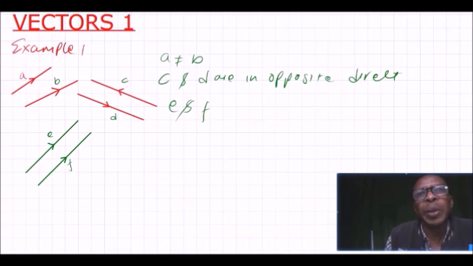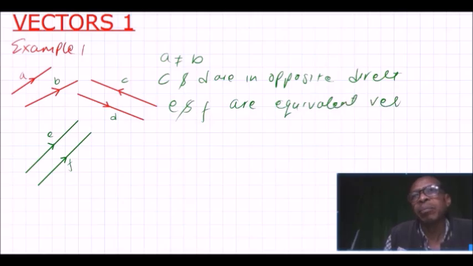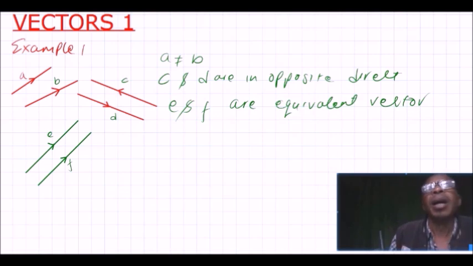So we can say E and F are equal, or what we are calling equivalent vectors. So that is just an introduction of what it is about.